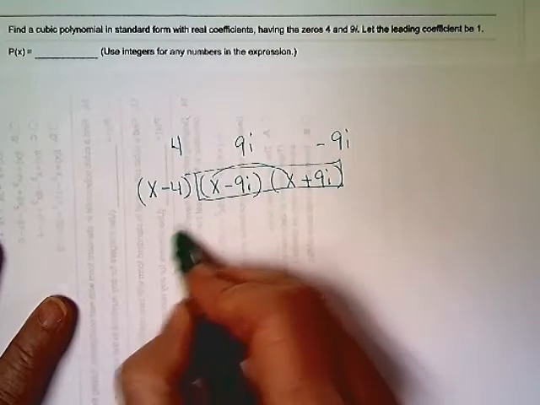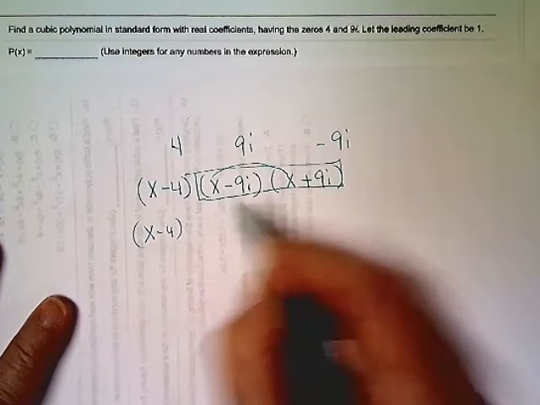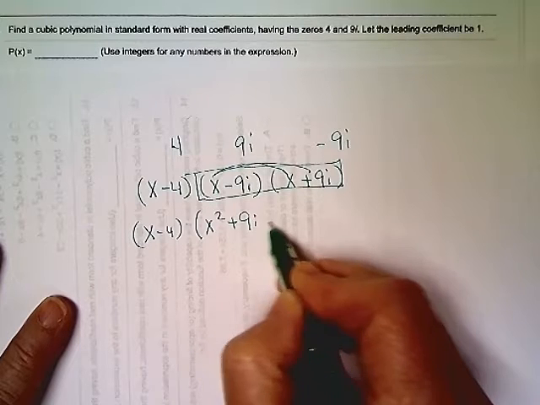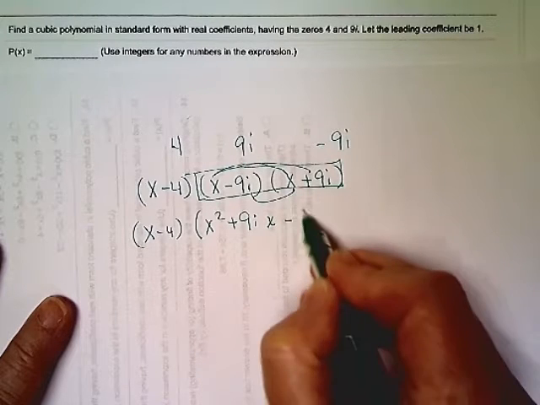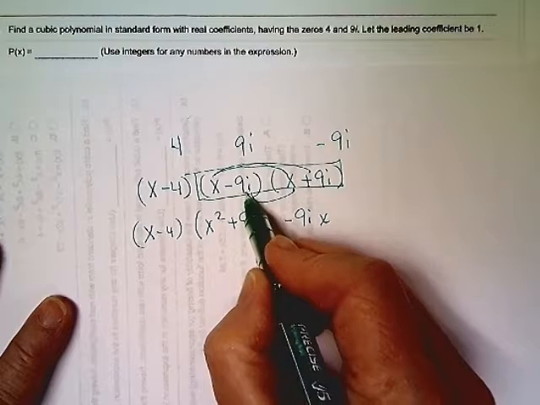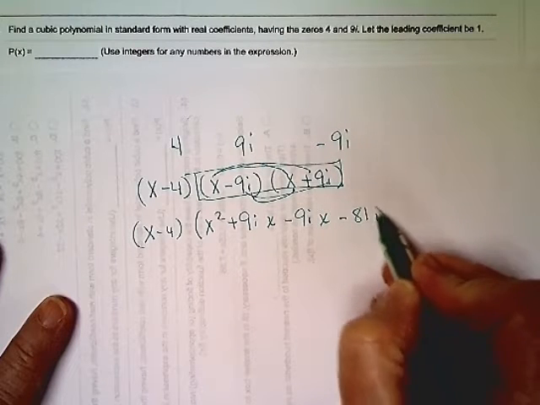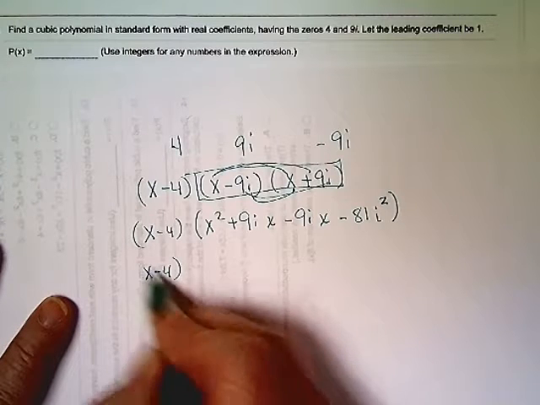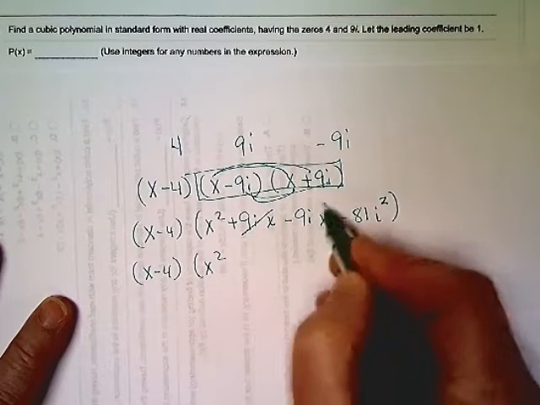So I'm going to leave x minus 4 here, and multiply: x squared plus 9ix minus 9ix minus 81i squared. Now when I simplify this, these are going to cancel.